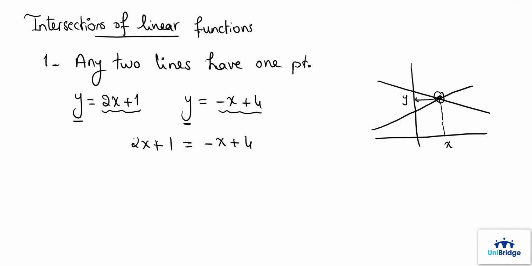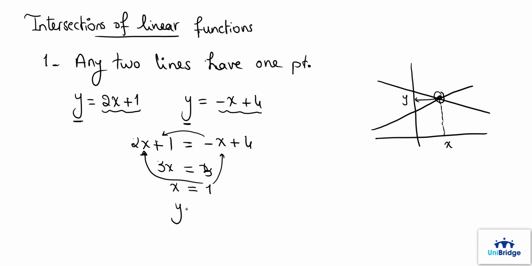So you equate both sides, and you can rearrange the equation into 3x equal 4 minus 1, which is going to be 3. So you're going to get that x is equal to 1. And since x is equal to 1, you can plug the 1 into either of the two equations.